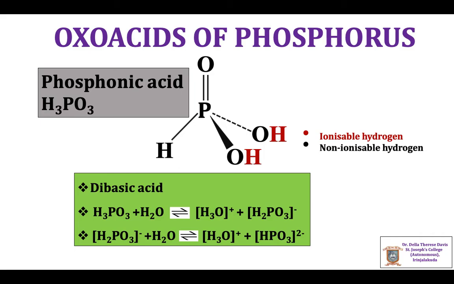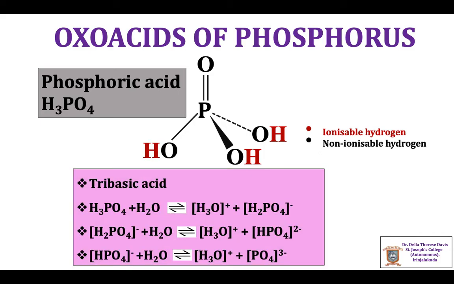In the second step, H2PO3- plus H2O gives H3O+ and HPO3 2-. The last hydrogen atom which is attached to the phosphorus cannot be dissociated from the molecule.